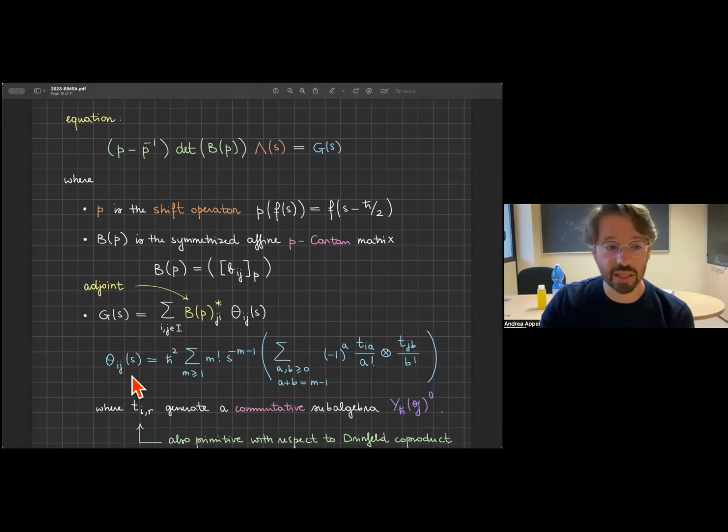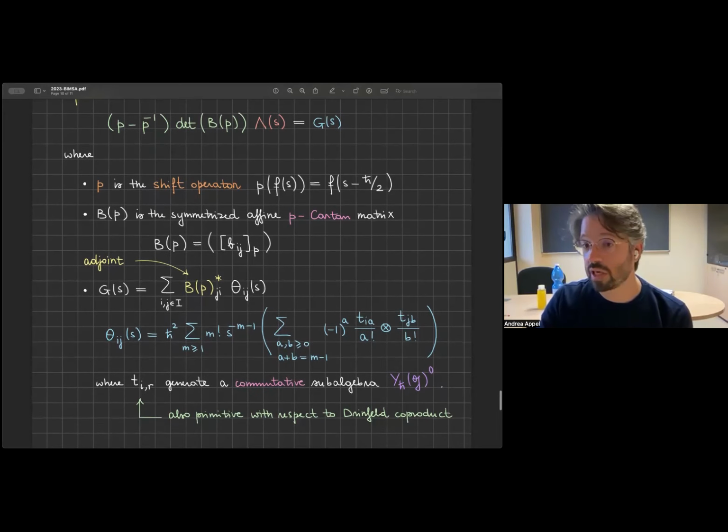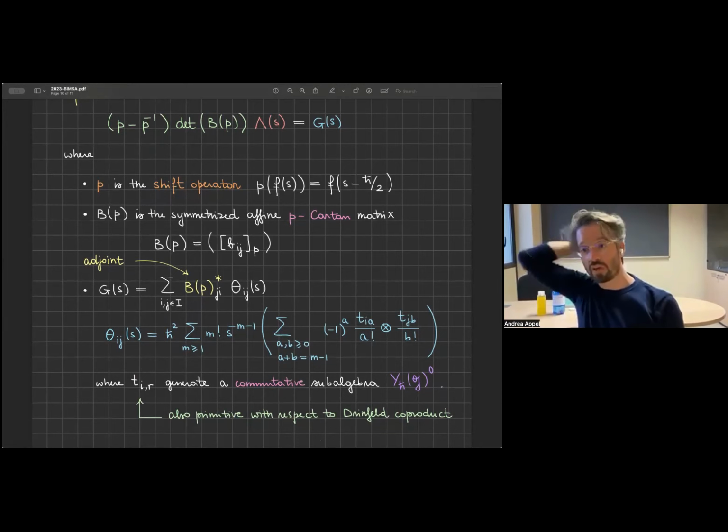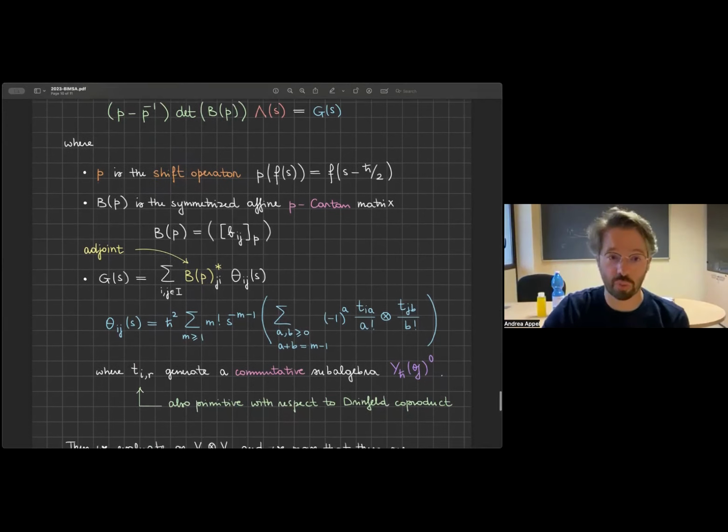And then this theta is this operator here, which is given by these elements T_i^r, which are the generators of a commutative algebra in the Yangian. These are easy elements which are primitive with respect to the Drinfeld coproduct.